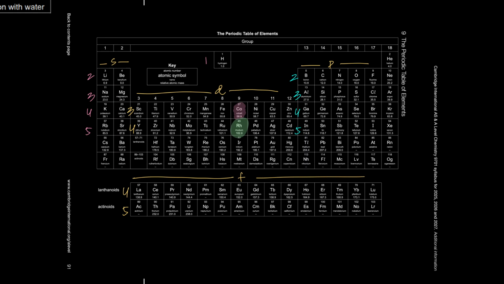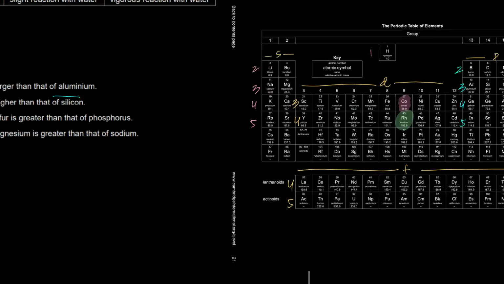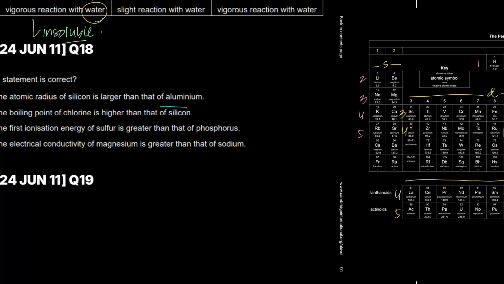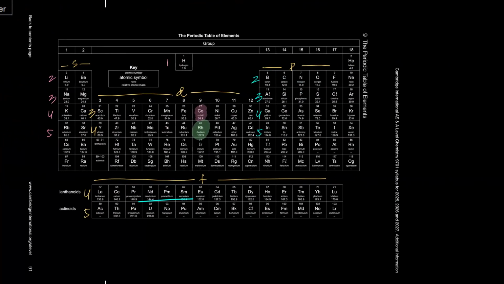Again, I have to have the periodic table by my side at all times to know all of this good stuff, right? So he's saying that the atomic radius of silicon is larger than aluminum, and that's absolutely wrong, because you know that across the period, the atomic radius decreases. Why?